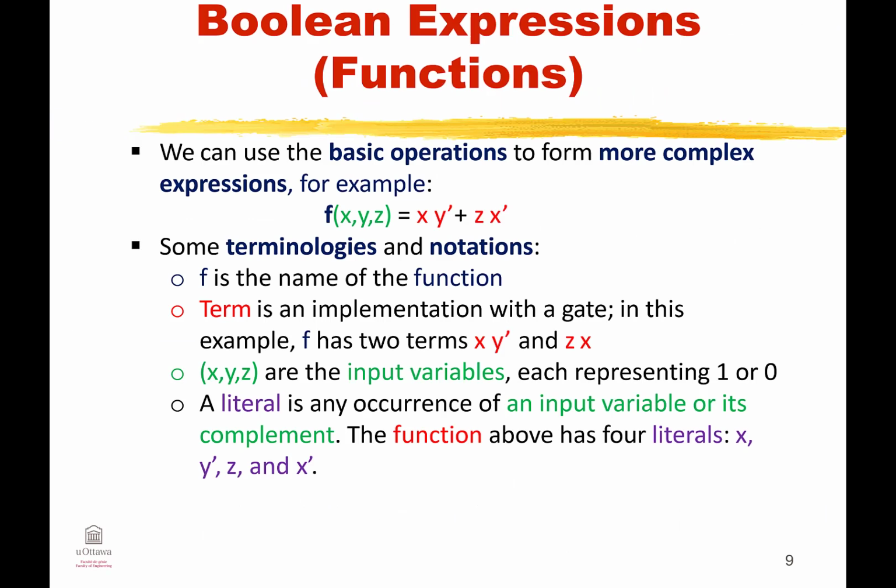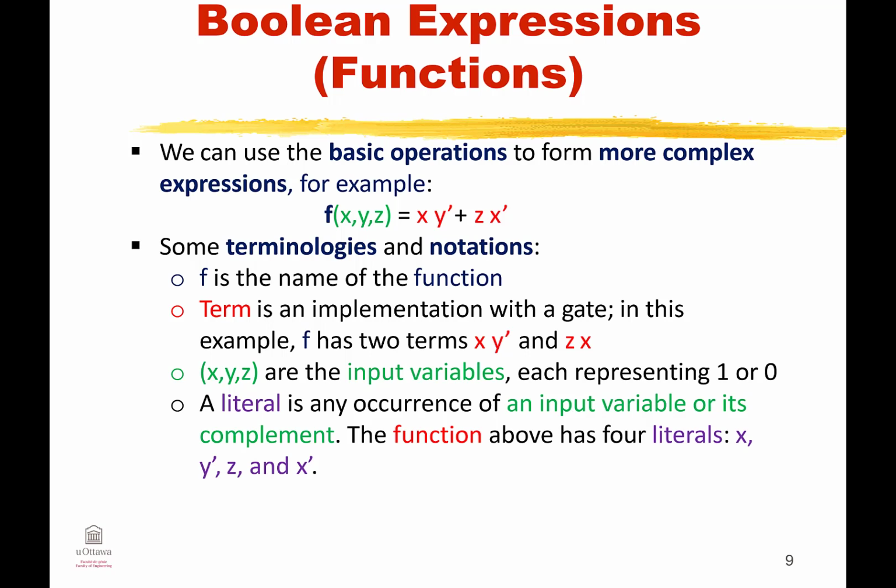I can apply what I have learned here to form a more complicated function. Let's take a look at the function here, f. So f is the name of this Boolean expression, and this Boolean expression is being implemented using the basic logical operations, which are the AND, OR, and the inverter.